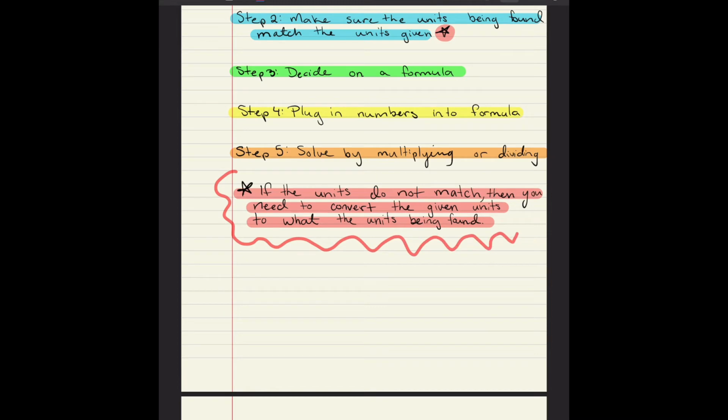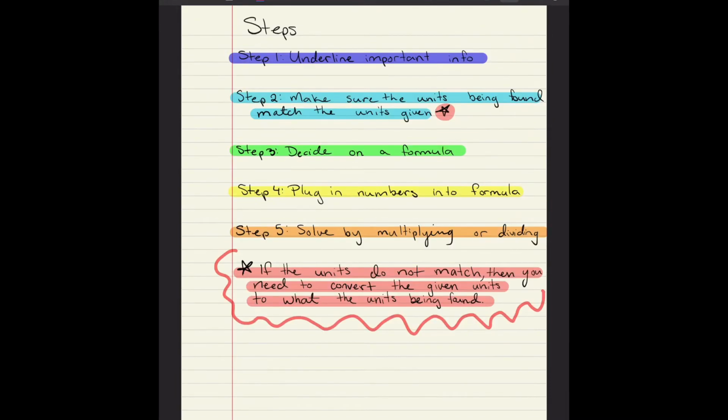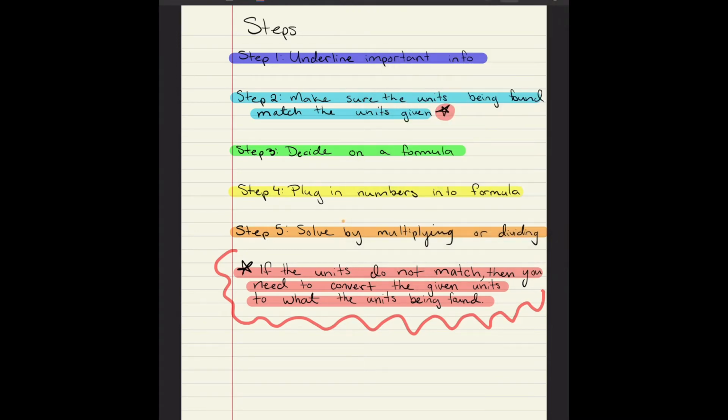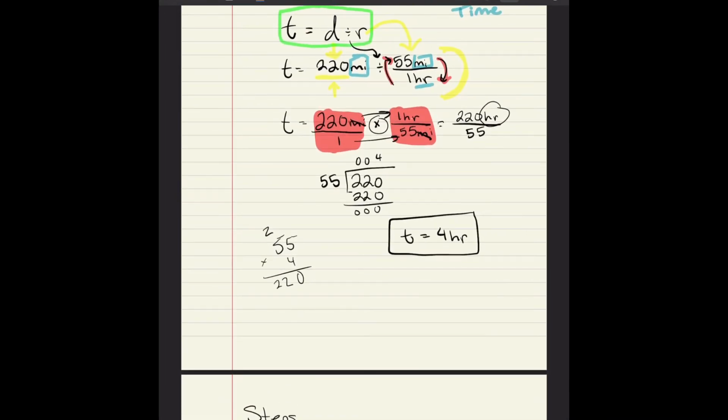It's not a step, I guess it is an extra step. Because after you have the same units, then you can solve. So then you can do step 5. And step 5 is to solve by multiplying or dividing. So we multiplied across, got 220 over 55, and then we divided.